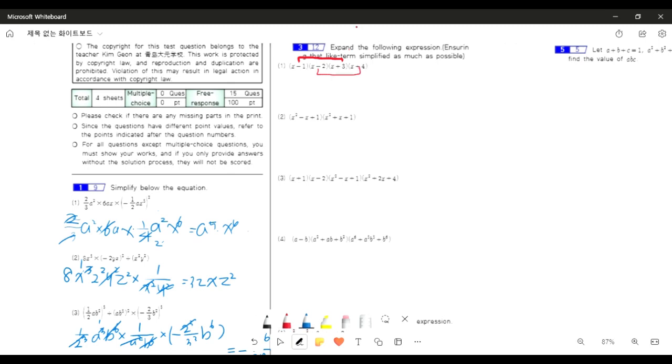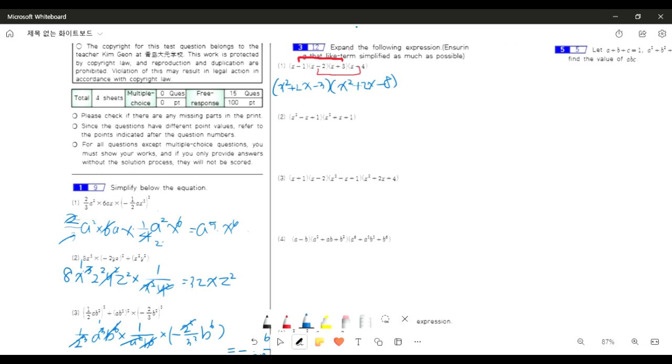Then we can make the sum result x squared plus 2x minus 3 times x squared plus 2x minus 8.